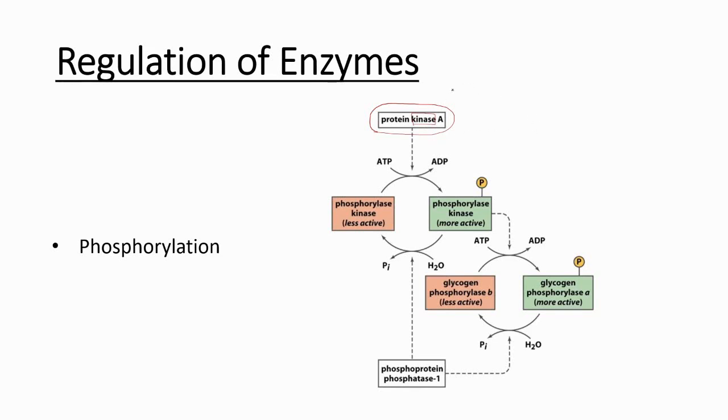And protein kinase A is activated when glucagon or adrenaline binds to receptors on the cell surface. And then downstream of this, protein kinase A binds to a protein called phosphorylase kinase. It phosphorylates it, this requires ATP, and when you add the phosphate to this phosphorylase kinase, it drastically increases its activity. This phosphorylase kinase then serves to phosphorylate an enzyme called glycogen phosphorylase B, and it greatly increases its activity.